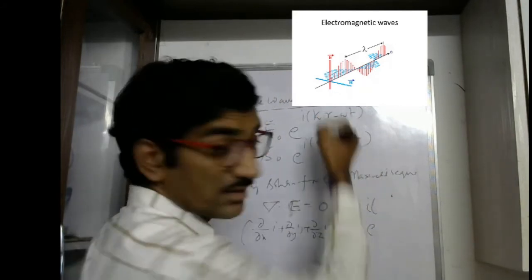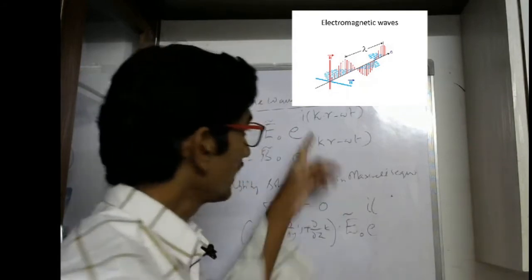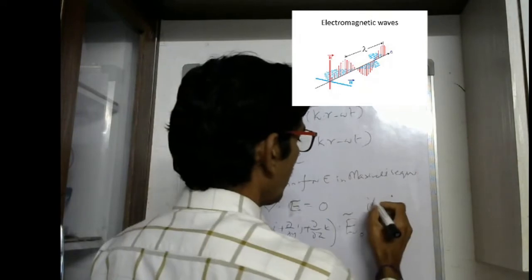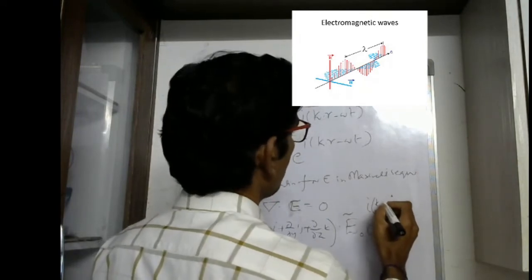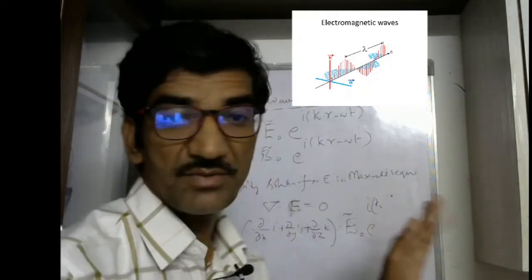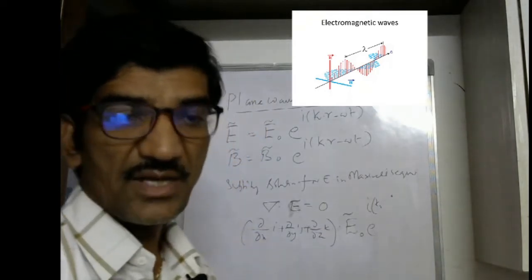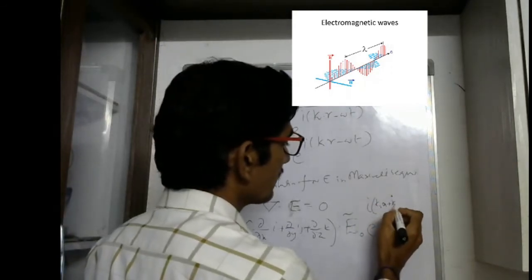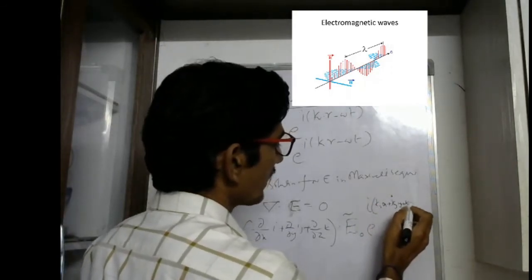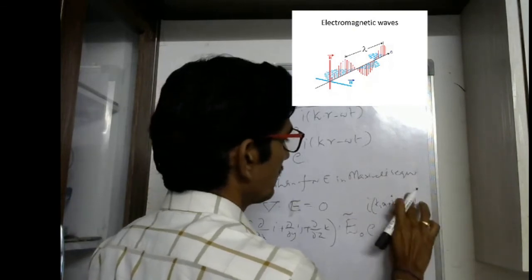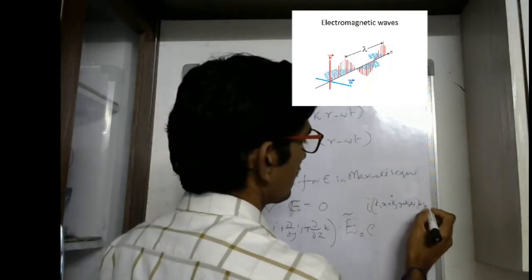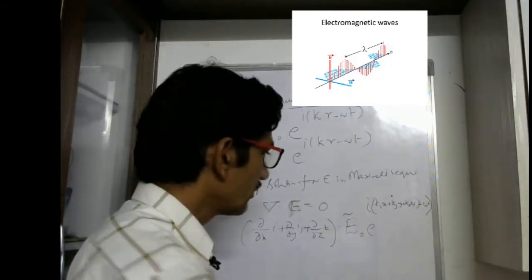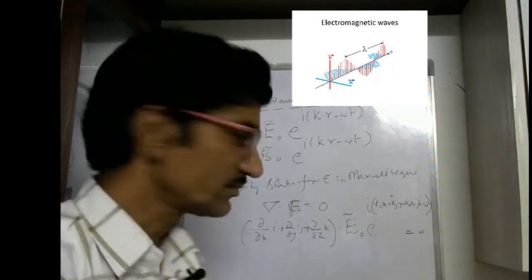In the exponential, k is kx i plus ky j plus kz k, then r is simply xi plus yj plus zk, so you have kx x plus ky y plus kz z minus omega t. So now this is equal to 0, right?